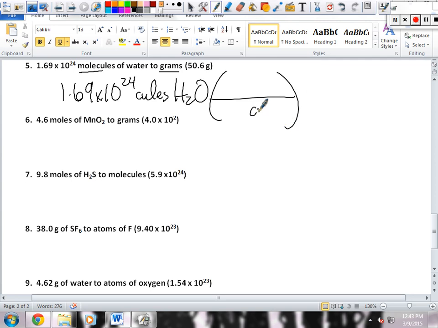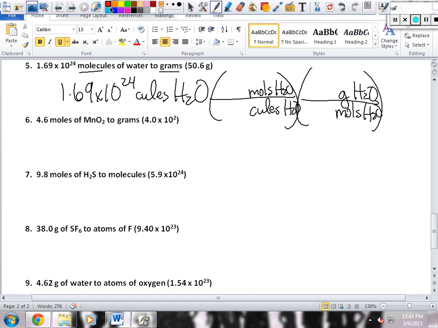Now, I don't want molecules, so it's got to go on the bottom. But before I get to grams, what do I have to get it to? Got to get it to moles first. So I've got moles of water. And then from moles of water, what can I go into? I can go into grams of water.